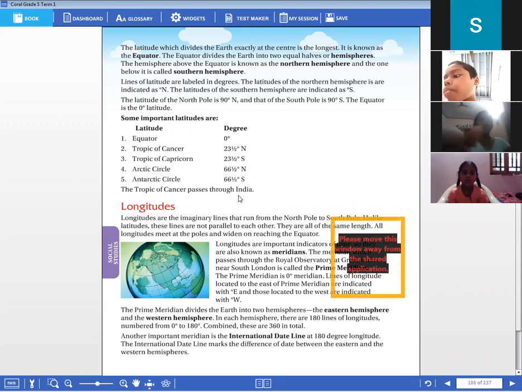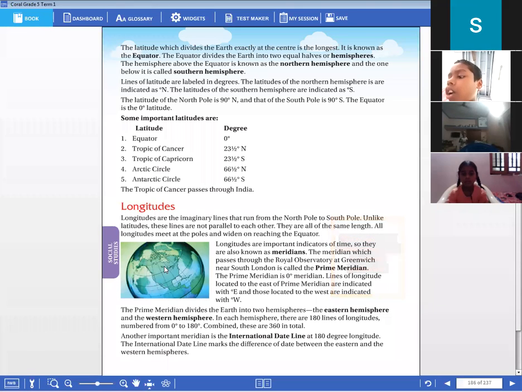So why, ma'am, are you not telling about any longitude that passes through India? But here, children, the longitude which divides the earth into two halves vertically passes through the Royal Observatory at Greenwich near South London. That's why we are discussing only the prime meridian here.